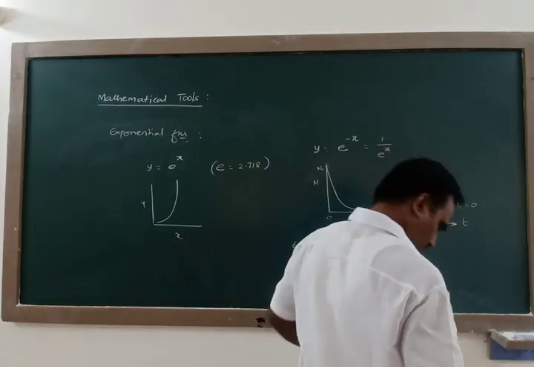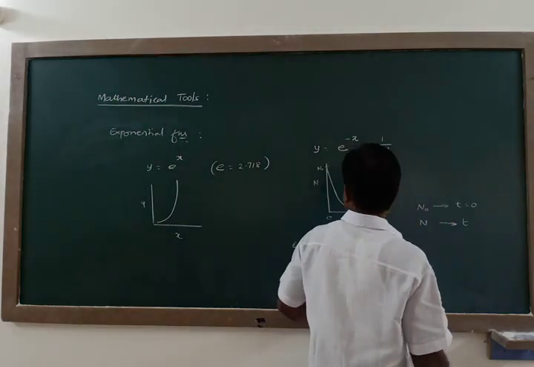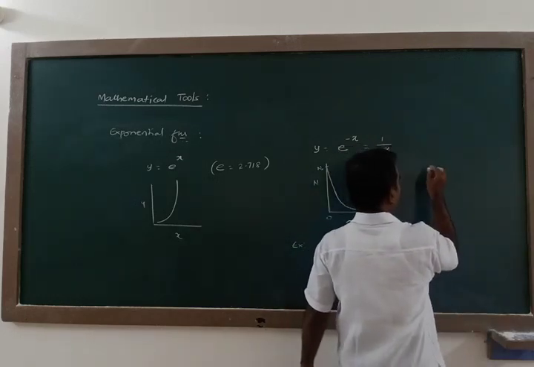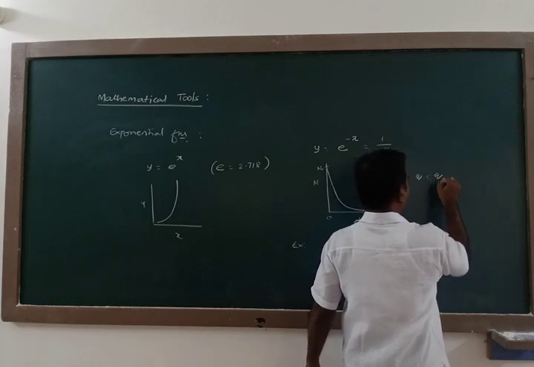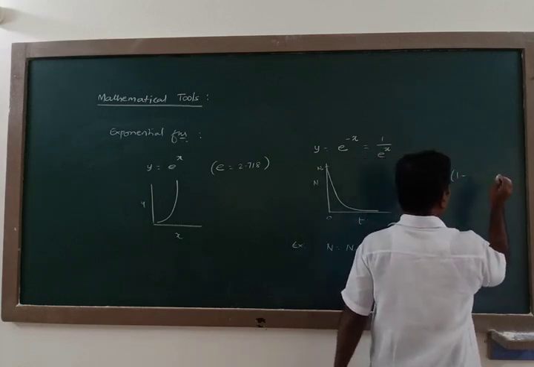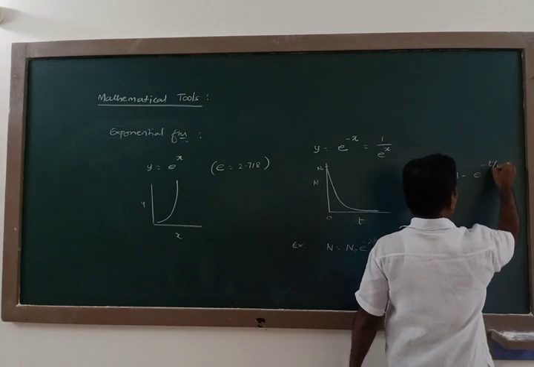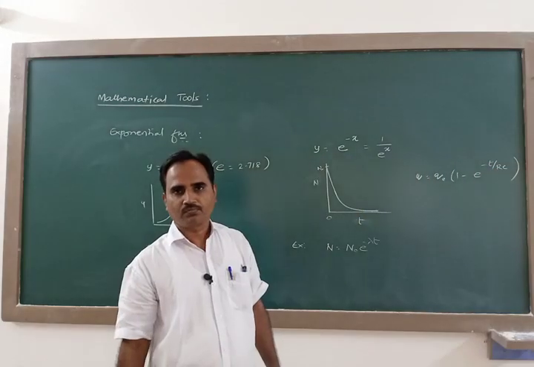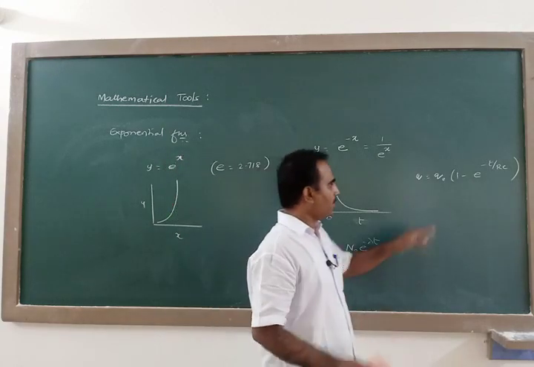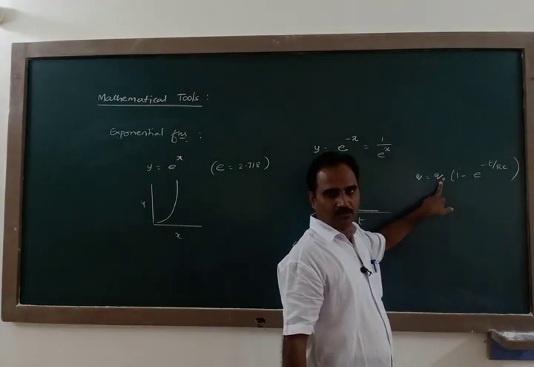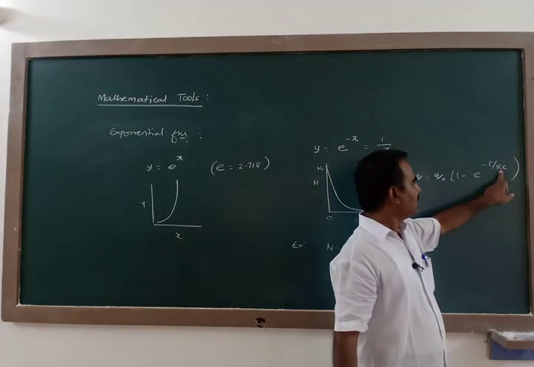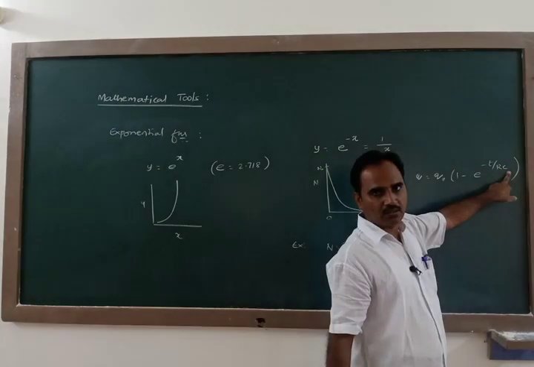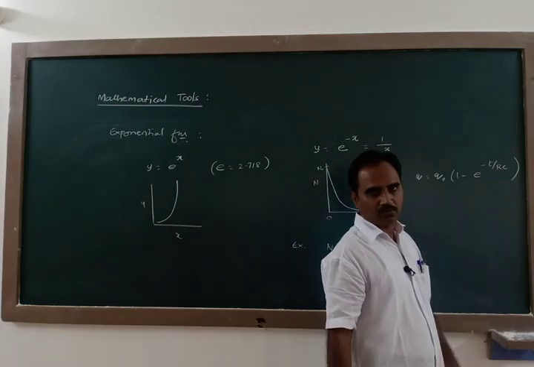Another example is when a capacitor is charged. The charge on this capacitor is given by q is equal to q naught times 1 minus e to the power of minus t divided by RC. You have an equation like this. Q naught is the maximum charge, R is the resistance of the circuit, C is the capacitance, and t is the time.